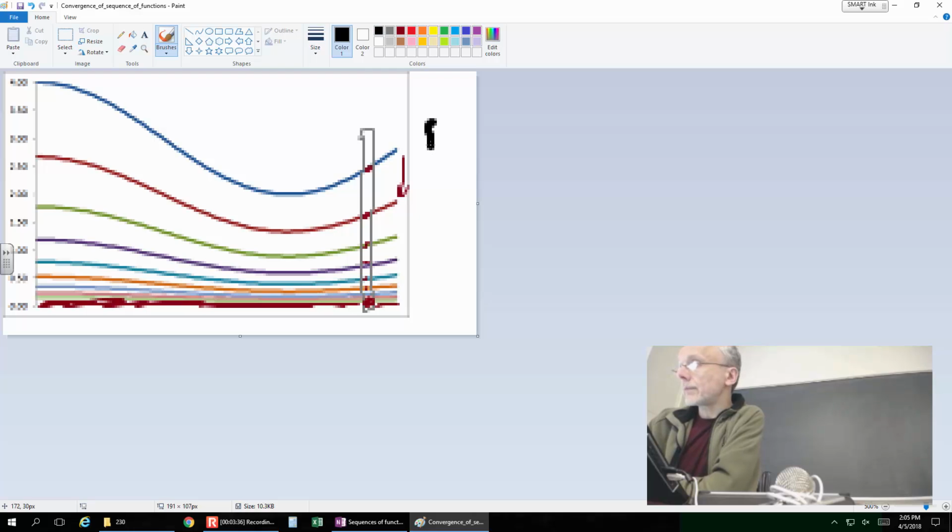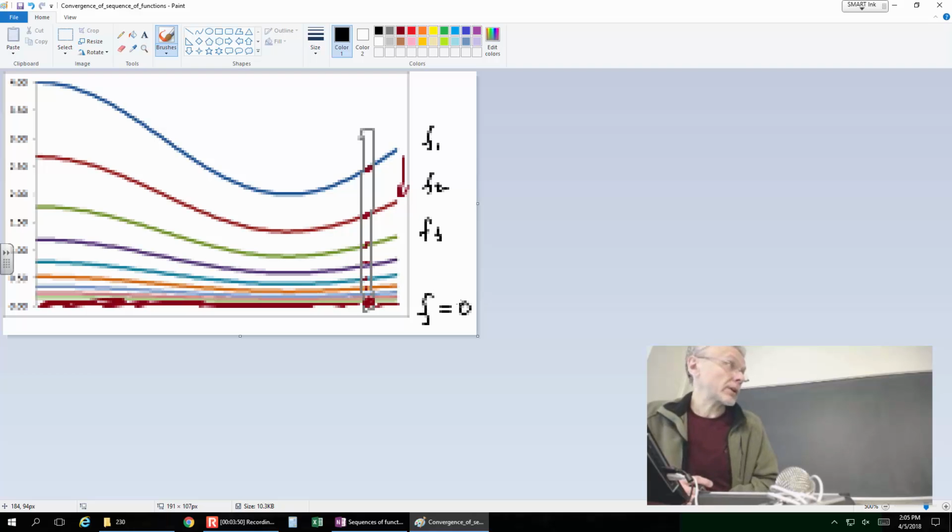So say f1, f2, f3, and then at the end, that function at the bottom, it is, say, f equal to 0. So you have a special function at the bottom. It is the limit.